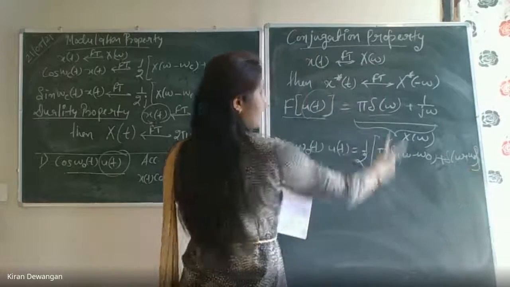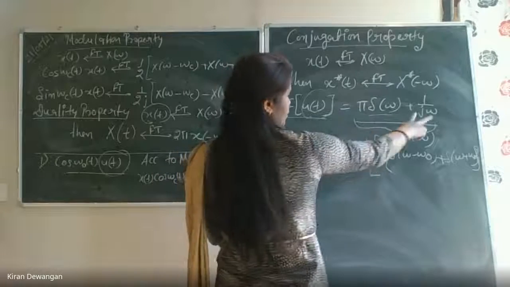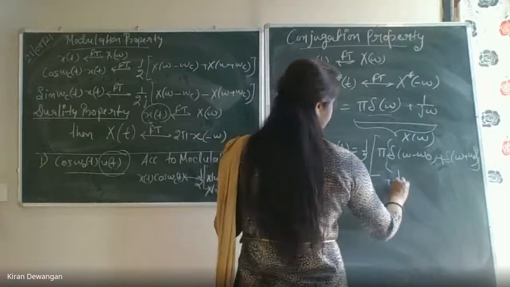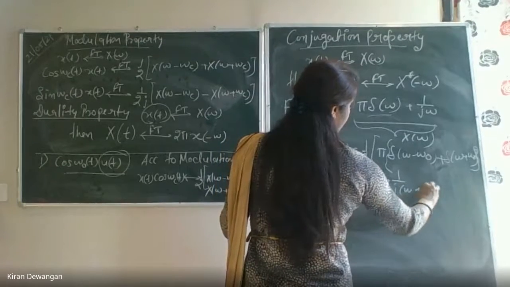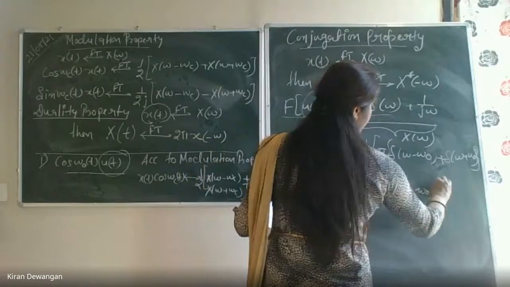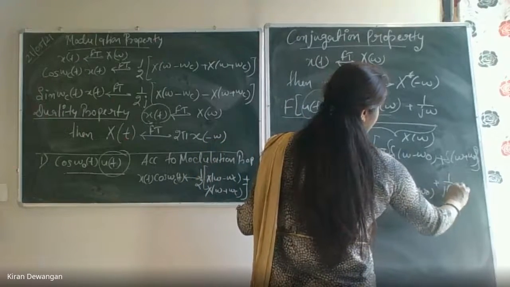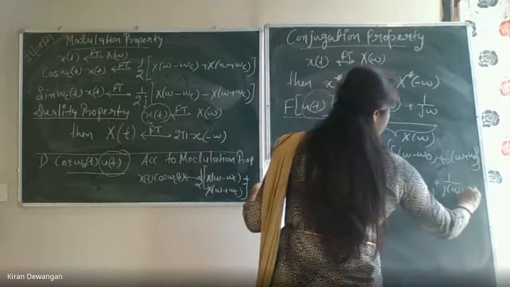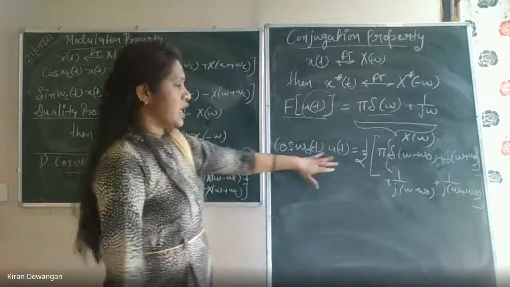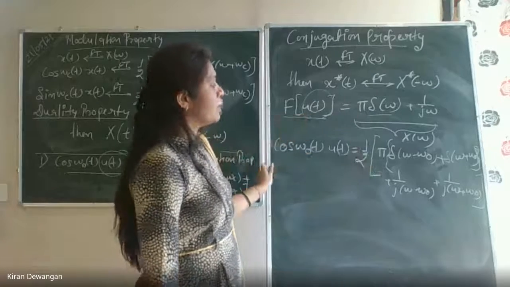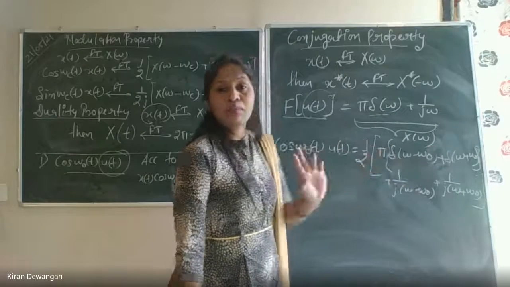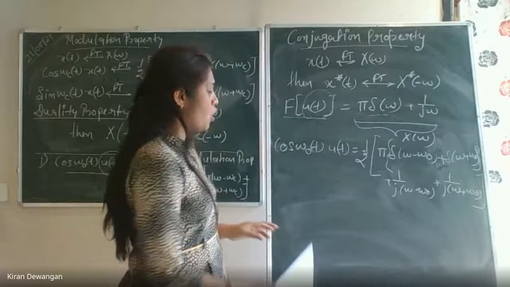This is this part of the Fourier transform, plus 1 by j omega minus omega naught plus 1 by j omega plus omega naught. Okay, so that is how it's going to be. Wherever there is omega, that will be changed to omega minus omega naught and omega plus omega naught. So this is how we'll solve it.